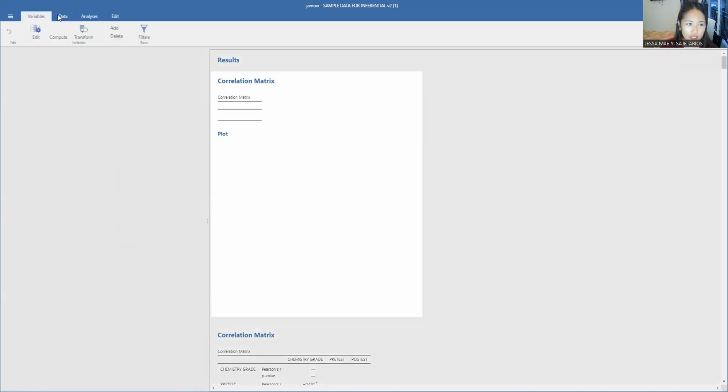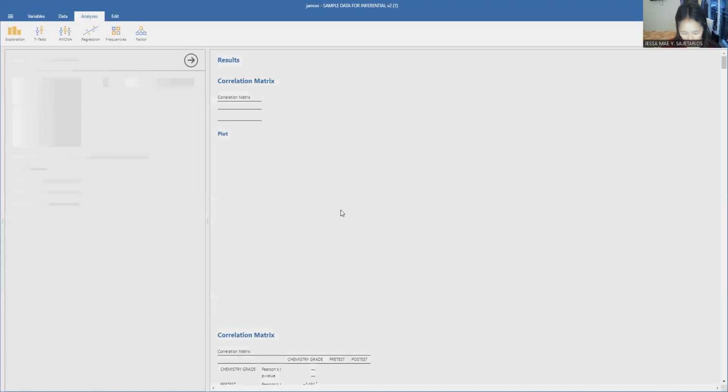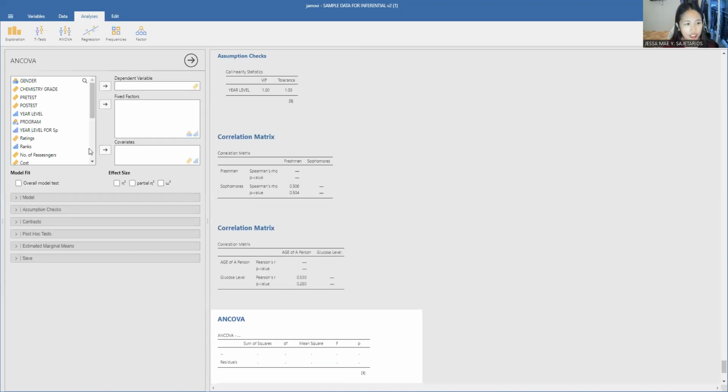So for this one, let's just click Analysis tab and then ANOVA, then you'll find ANCOVA. So for ANCOVA, let's check our dependent variable, let's say, the post-test. And then the fixed factor or our independent variable is, let's say, the year level.